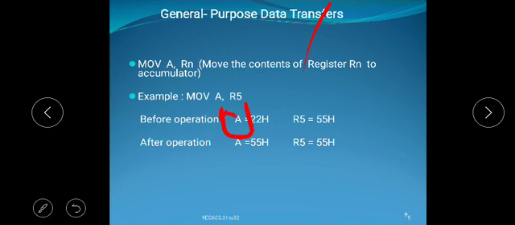That means before the operation of this instruction, A is loaded with some value, and R5 is also loaded with some value.